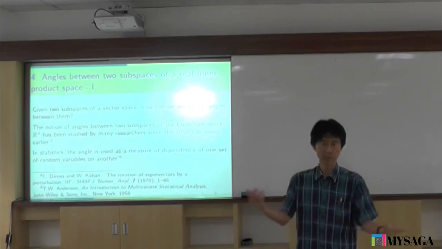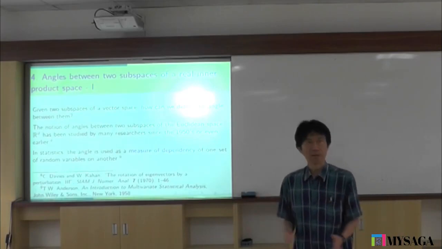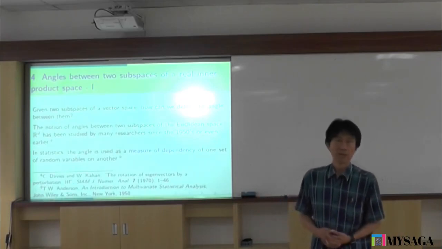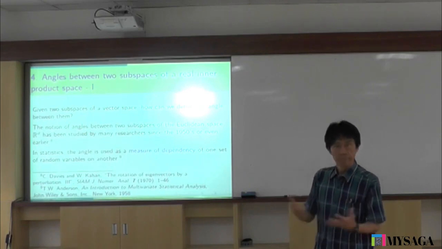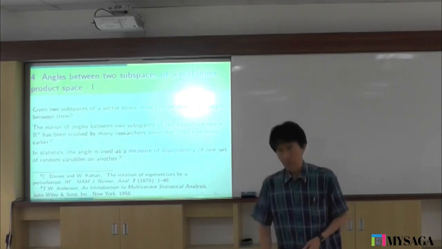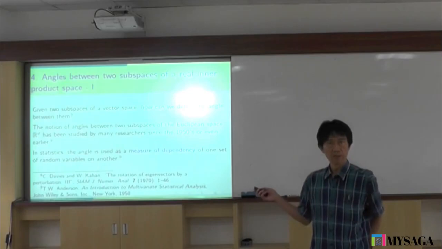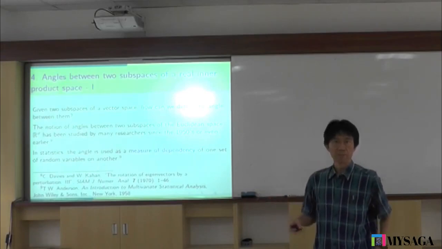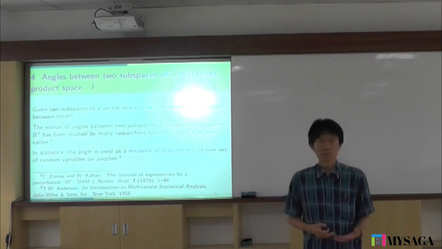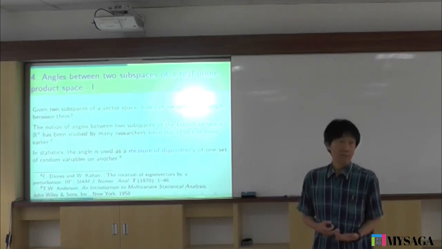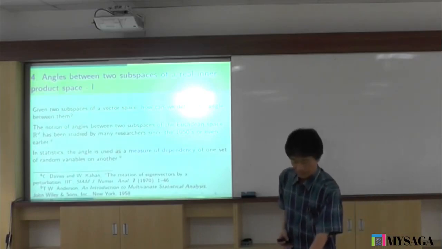But in control theory, in computer graphics, in robotics, even in biochemistry, the notion of angle between two subspaces pops up. That's why my work on this has been cited by people from physics, biochemistry, computer science, and many other disciplines.